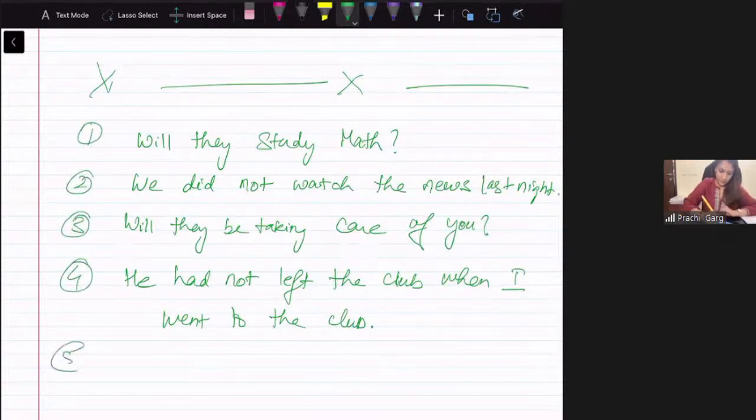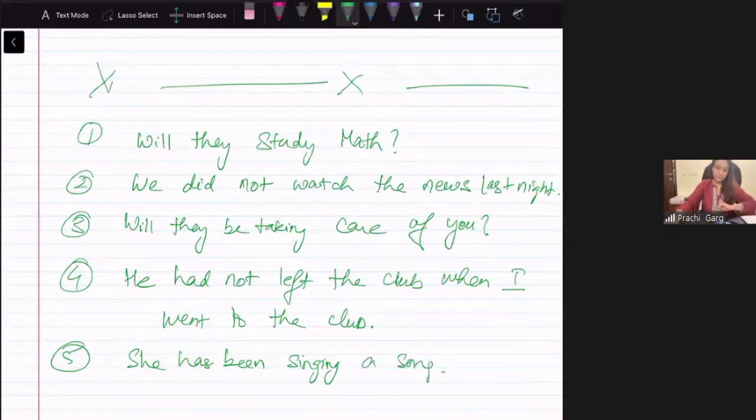And the fifth sentence is, I'll give you one more. Quickly tell me the kinds of sentences of all the five sentences that I've mentioned here.